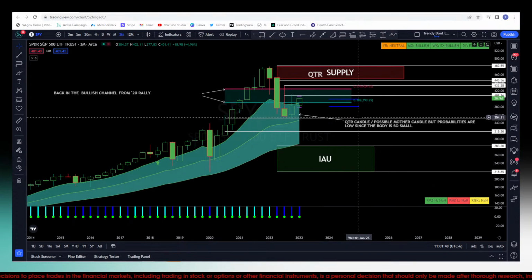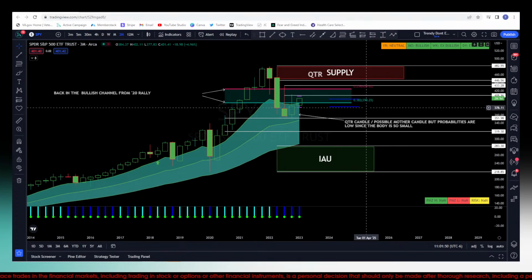There was some talk this morning about, hey, we're in a bear market. Now, my methodology is different. For me, for Trendy, I developed the idea of using the Fibonacci based on ranges and so forth.